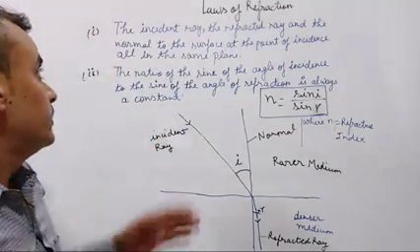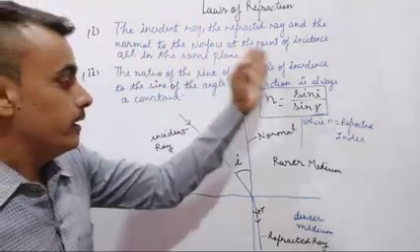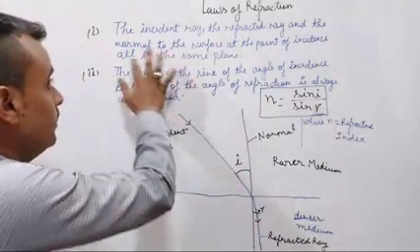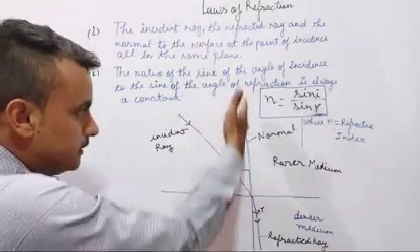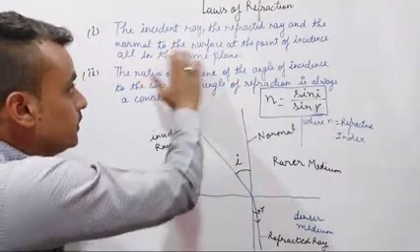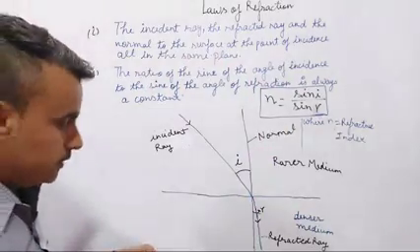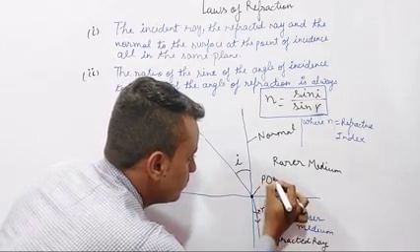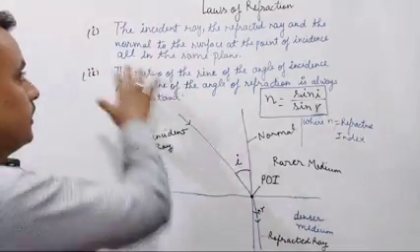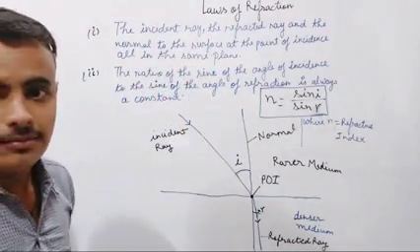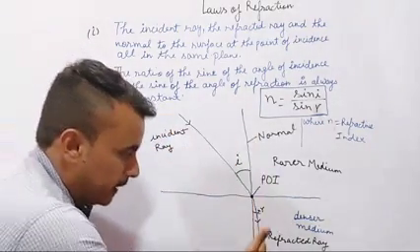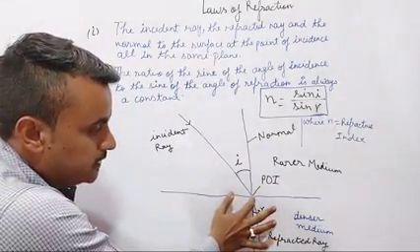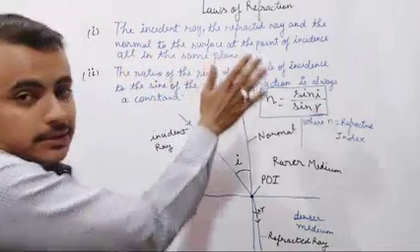The first one is that the incident ray, the refracted ray, and the normal to the surface at the point of incidence all lie in the same plane.